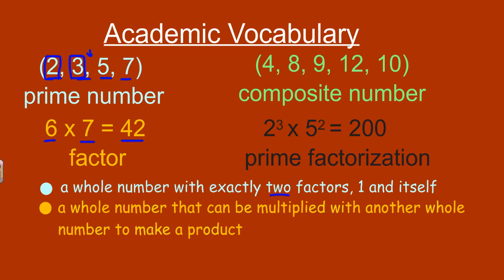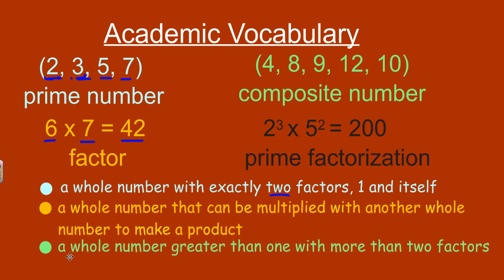Which brings us to our next term. Anything that has more than two factors is what we call a composite number. A whole number greater than 1 with more than two factors. So when we look at our composite numbers over here, we can see 4 has 3 factors, 1 times 4 and 2 times 2.